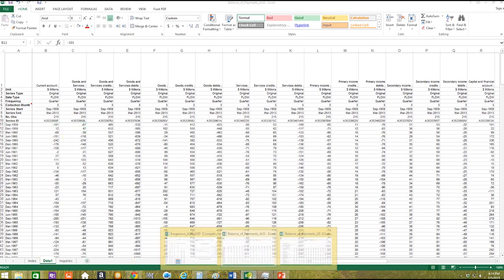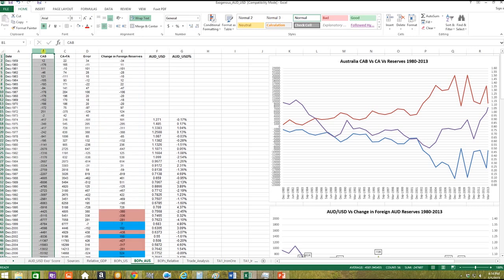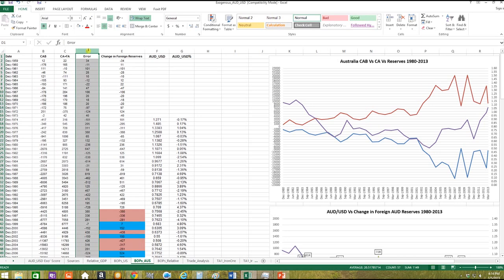Now, the items that are actually relevant to our analysis are the current account balance, the capital account balance, the error, so the capital account balance plus the current account balance, and the inverse of the error, which is the balancing item. We work that out ourselves.